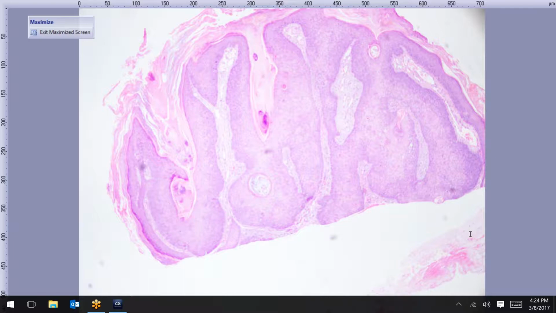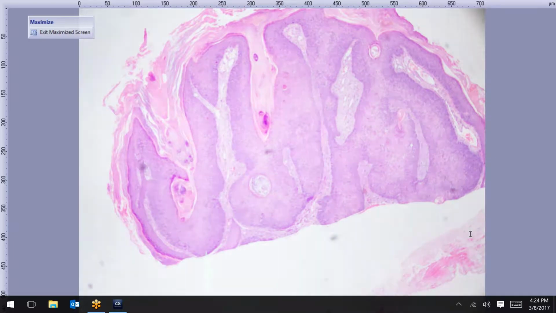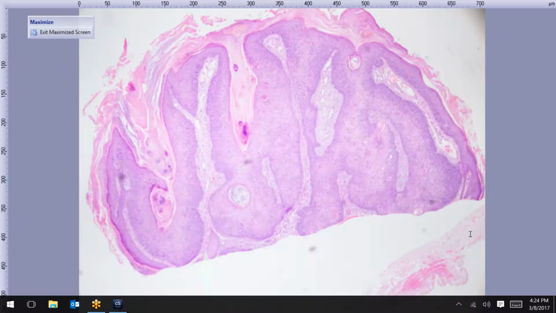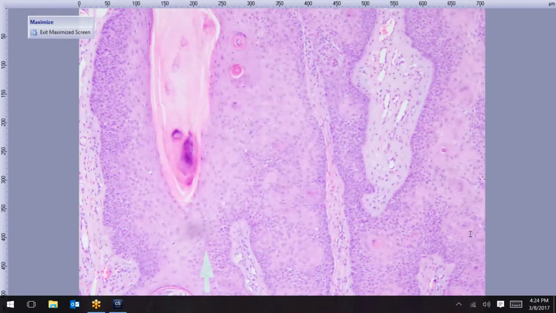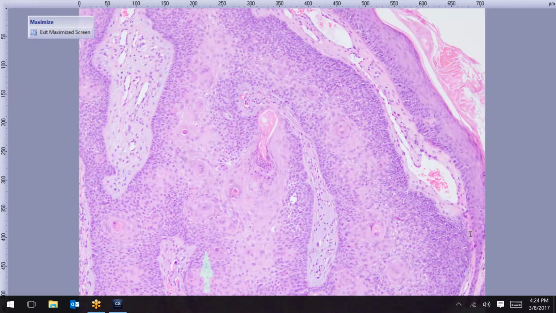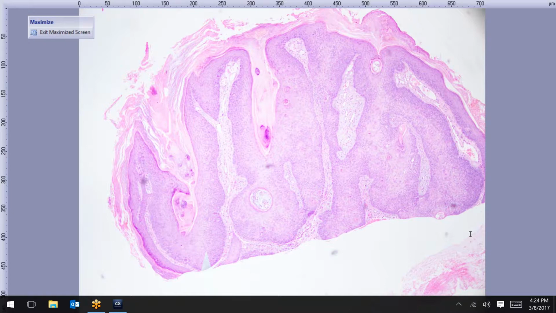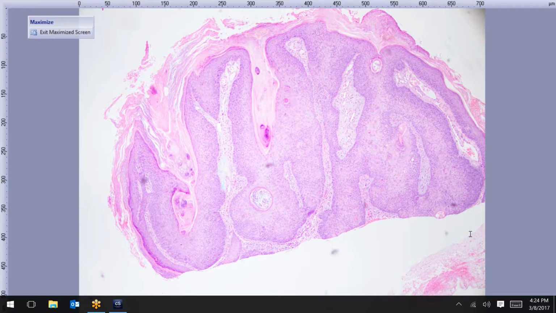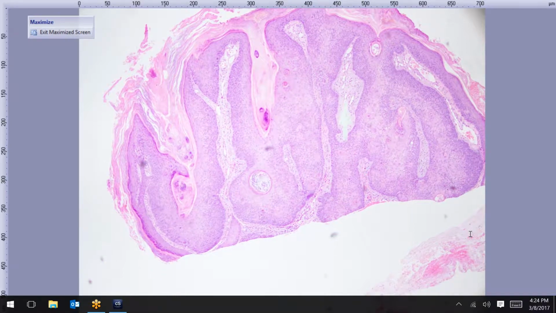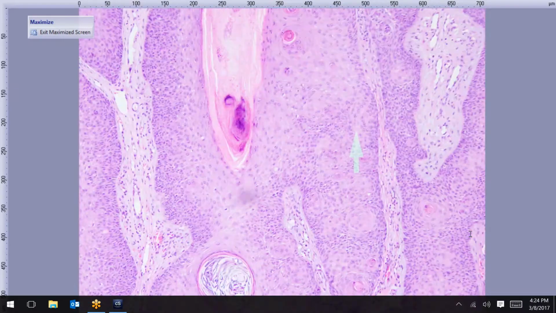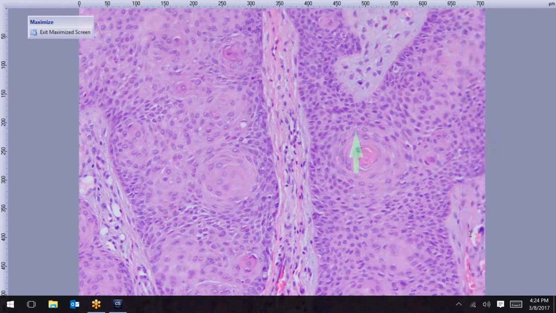Okay. All right. Let me darken this up a little. So at lower power, we've got this endophytic, hyperplastic proliferation, and you can already get a sense that it has some follicular differentiation right here. Within it, we've got little squamous eddies.